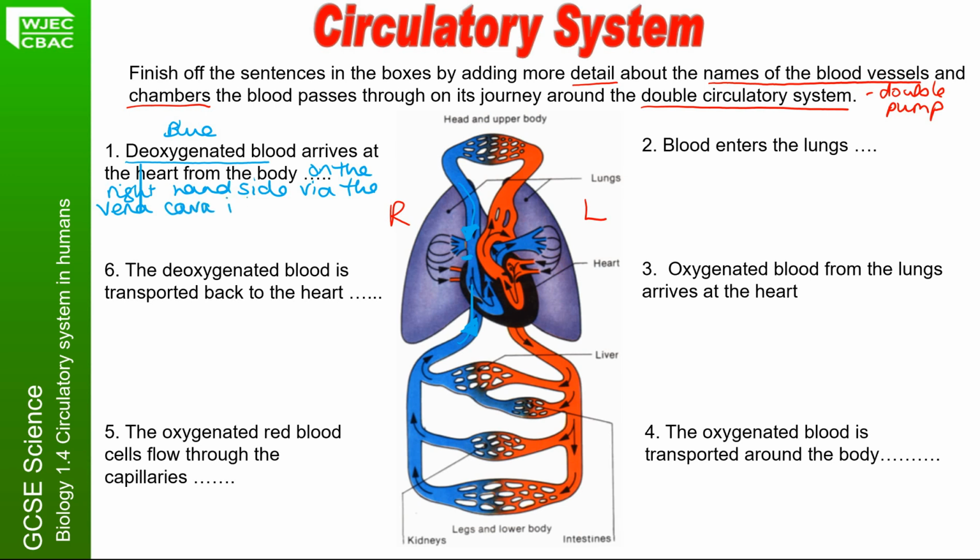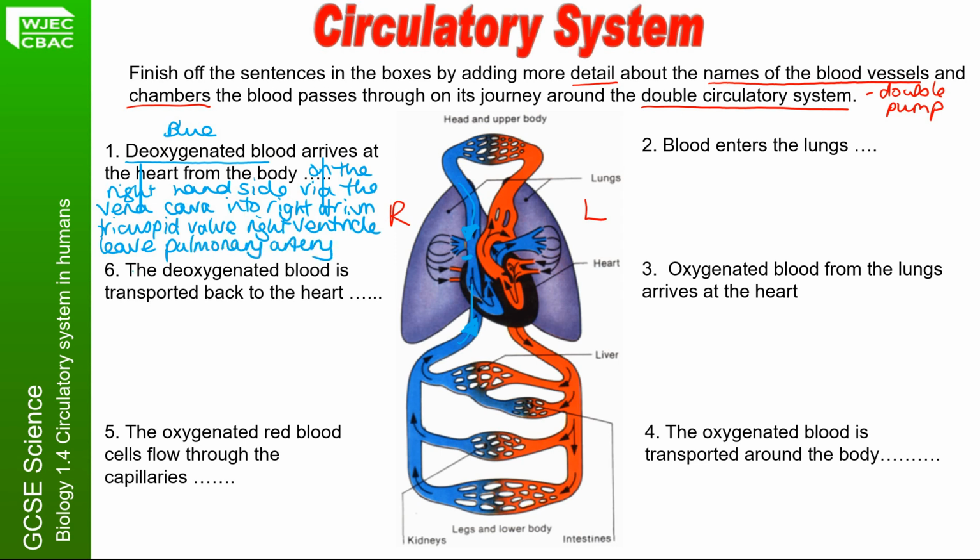It goes into the right atrium. If you want to be really fancy, you can say through the tricuspid valve, into the right ventricle, and is going to leave the right side of the heart by the pulmonary artery.